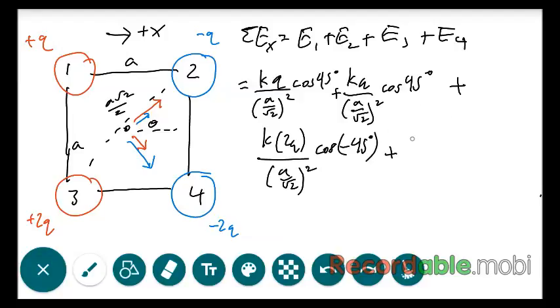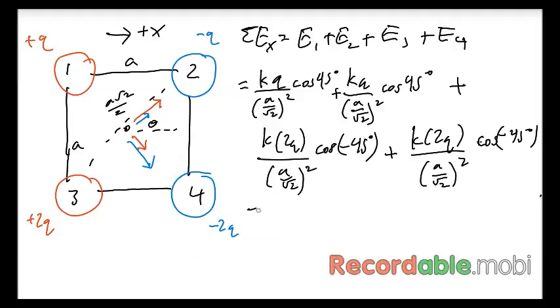And then we're going to add the last one, K 2Q over a over root 2 squared, times cosine negative 45 degrees.